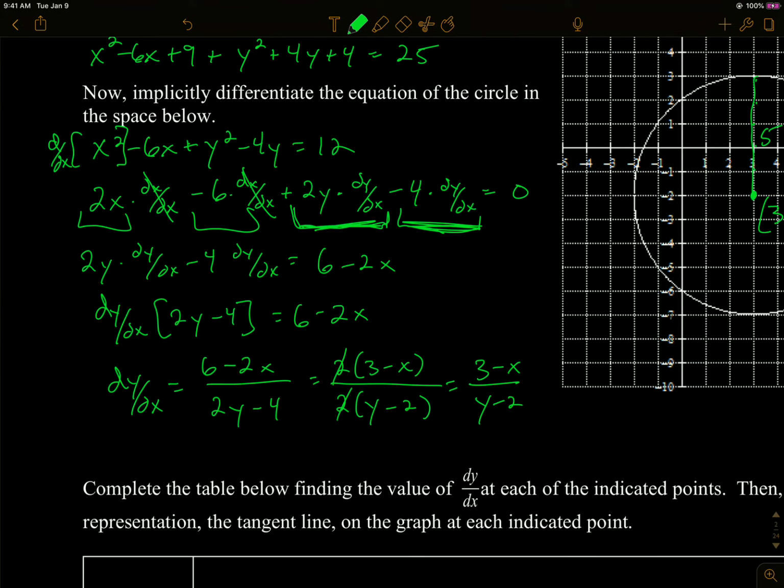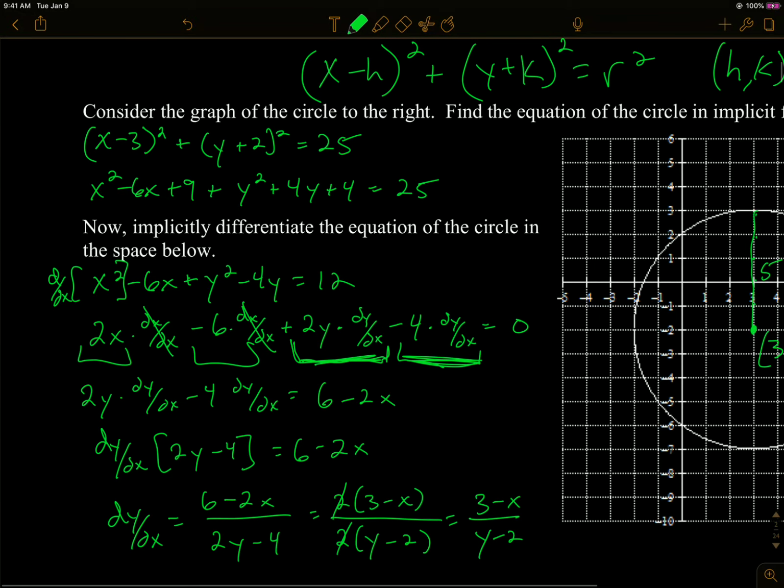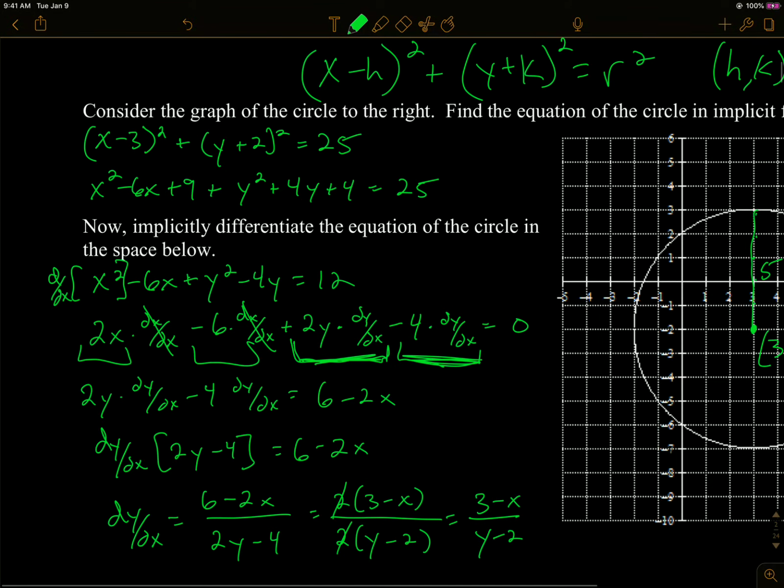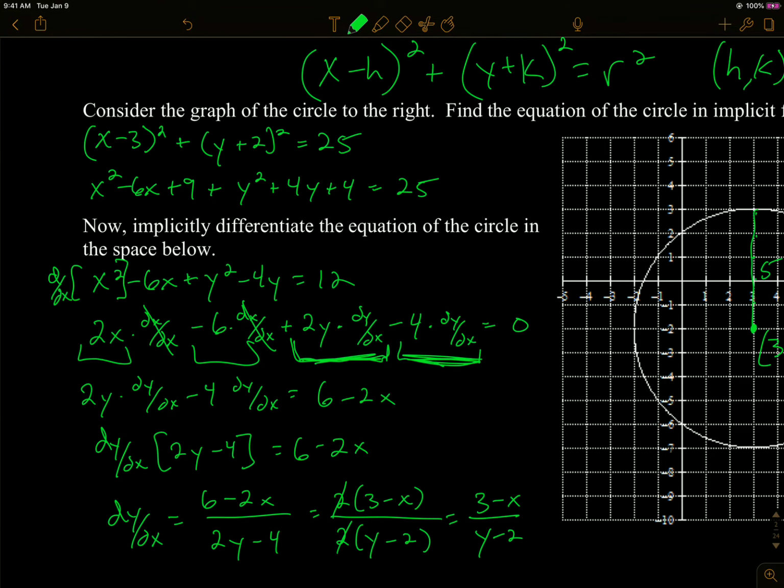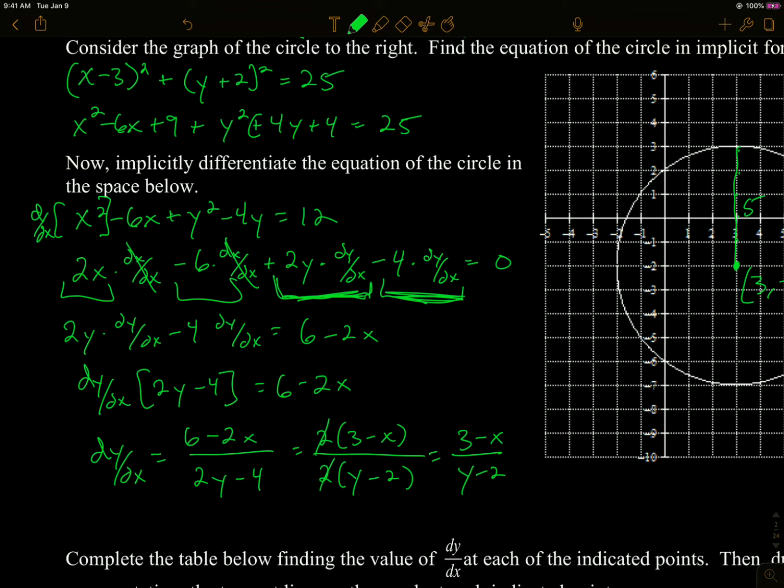When I did this before, I got a plus 2. Maybe I did it wrong the first time. Let me just check my work here. Oh, right, up here this is a plus 4y. So that'd be a plus. That's a plus. That's a plus.